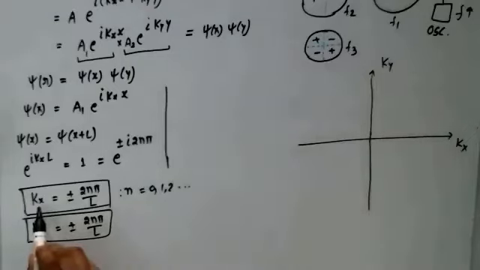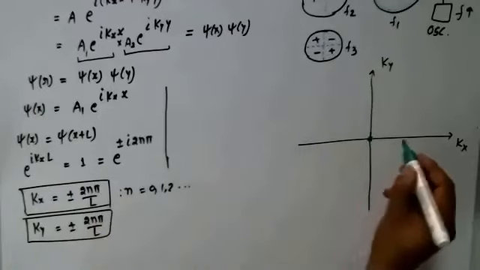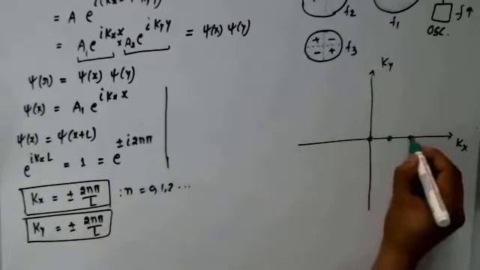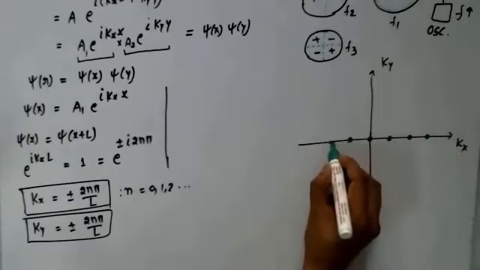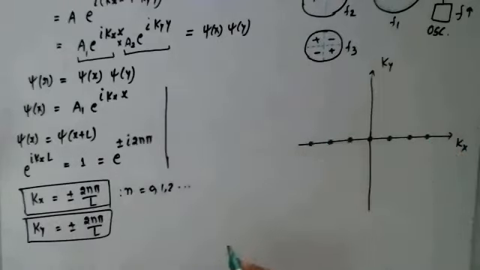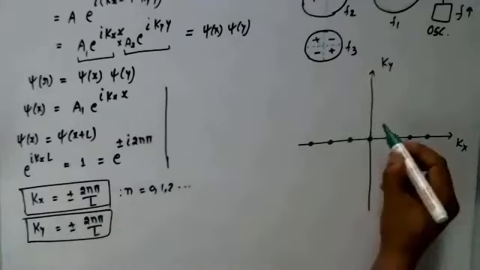Now see, all values of kx कैसा होगा? 0. So you can mention 0, then 2 pi by l, then 4 pi by l, then 6 pi by l, ऐसे ही minus 2 pi by l, minus 4 pi by l, minus 6 pi by l. ऐसी ky की वैल्यू, जब kx की वैल्यू आप मेंशन करते रहो.